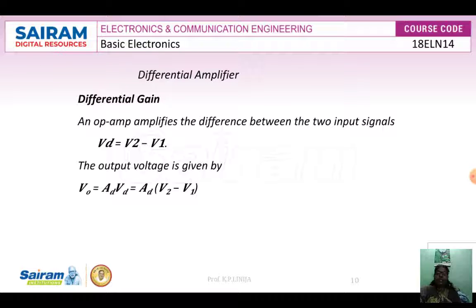But we know that the differential voltage Vd is equal to V2 minus V1. Therefore, V naught is equal to AD into (V2 minus V1). So AD can be written as AD is equal to V naught by Vd. The differential gain is sometimes also referred to as the open loop voltage gain.